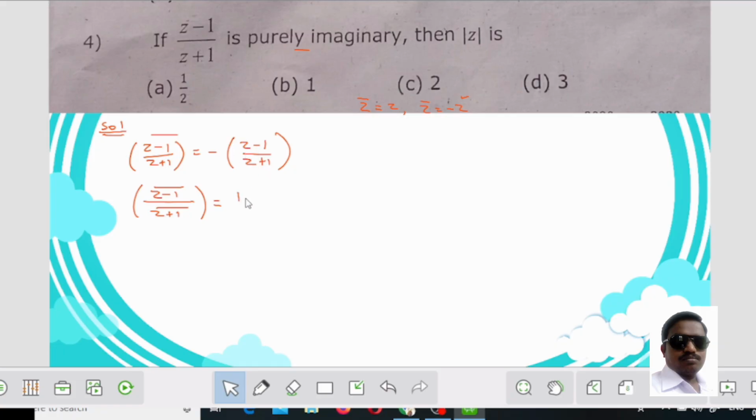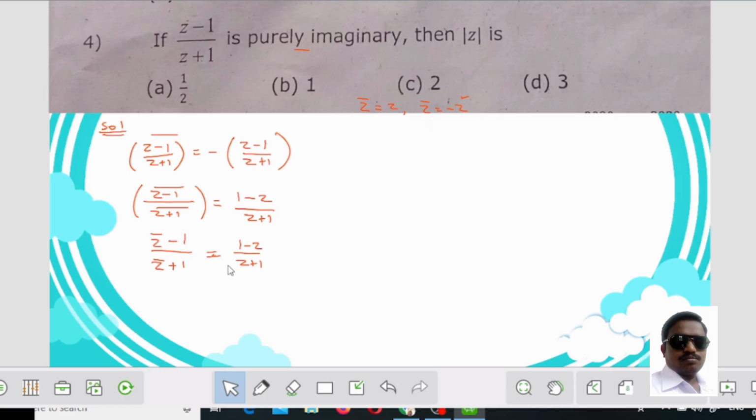So you may write like this, 1 minus z by z plus 1. Bar also can be separated. Z minus 1 whole bar will become z bar minus 1 bar. 1 is a real number, purely real, so 1 bar is 1. Here also z bar plus 1 bar, 1 bar will become 1. This is equal to 1 minus z by z plus 1.